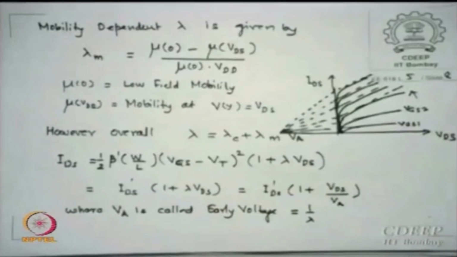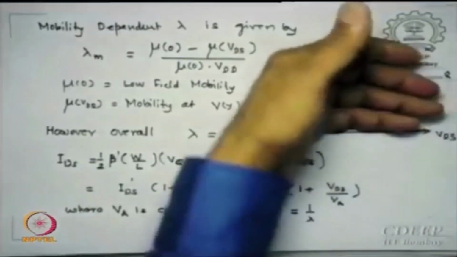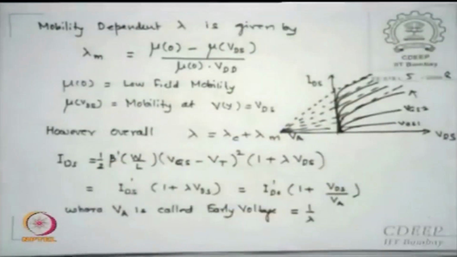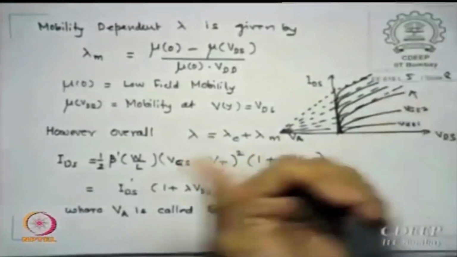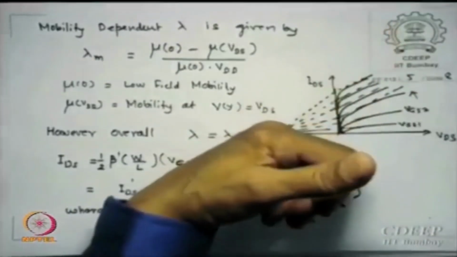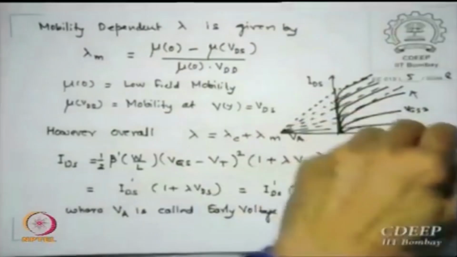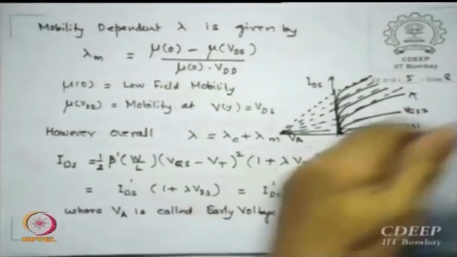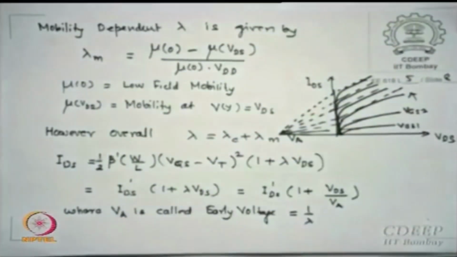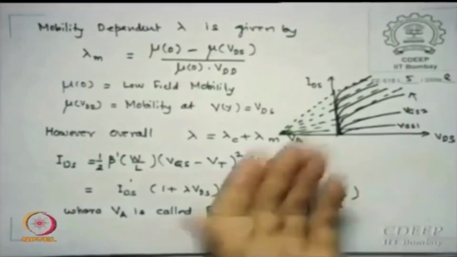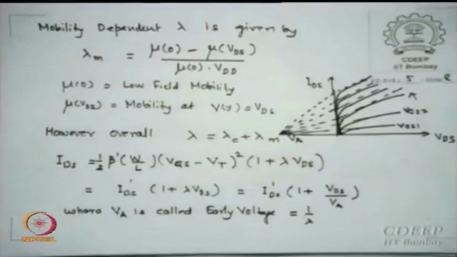For P channel it is the opposite side, the third quadrant. Please remember it is minus VGS, minus IDS for P channel, plus IDS, plus VDS for N channel.